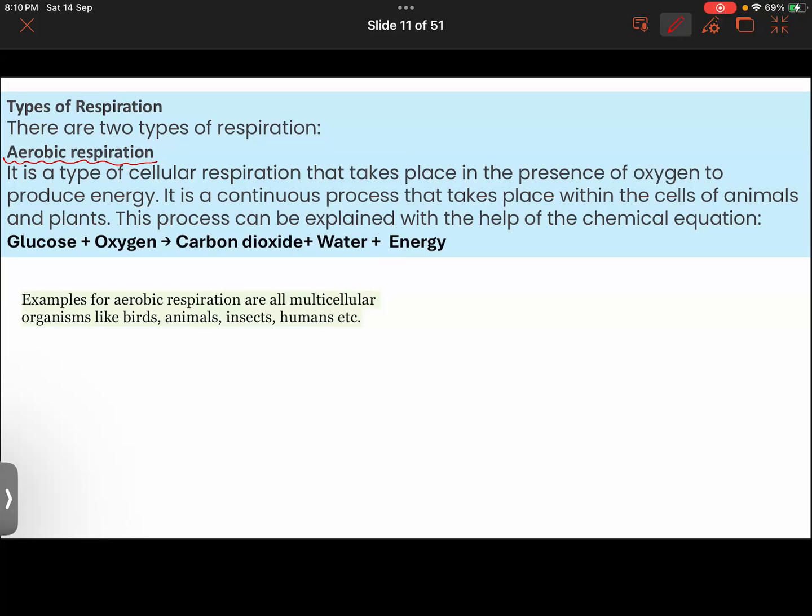Those organisms that are able to survive in the presence of oxygen only will be carrying out aerobic respiration. Without oxygen we can't survive. And where exactly is that oxygen required? That oxygen is required to break down the food and obtain energy from it.